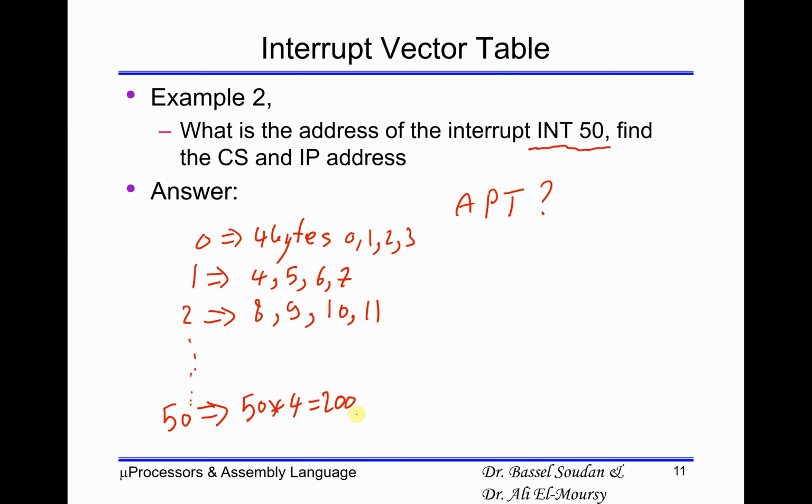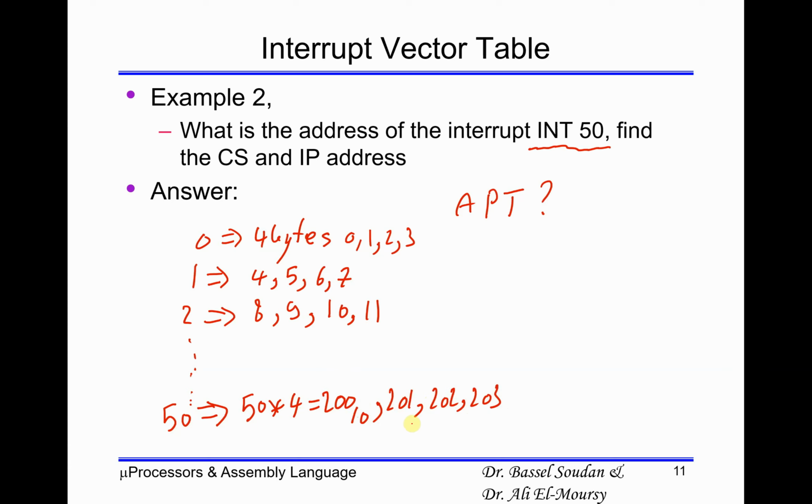Here we are talking about decimal. So 200, 201, 202 and 203 are the locations for the interrupt service routine for interrupt number 50.